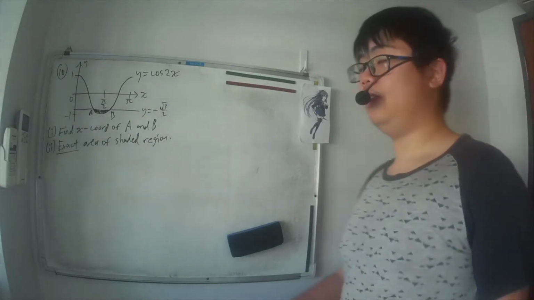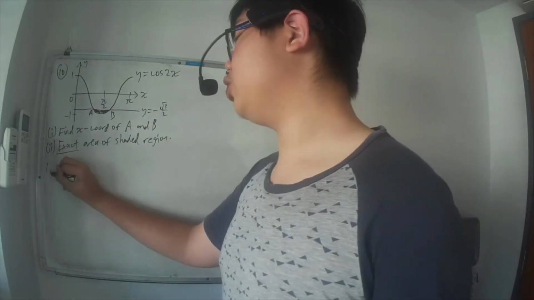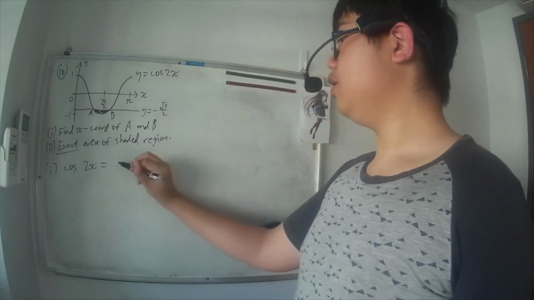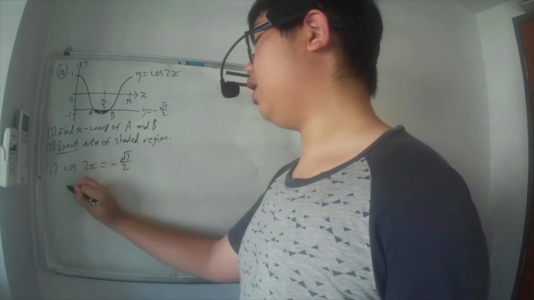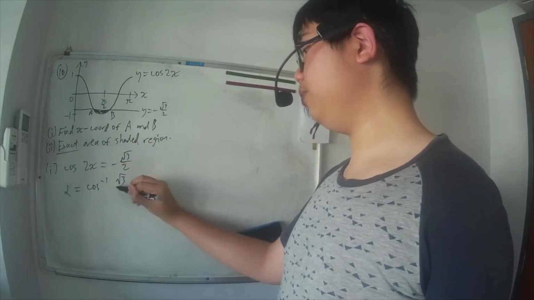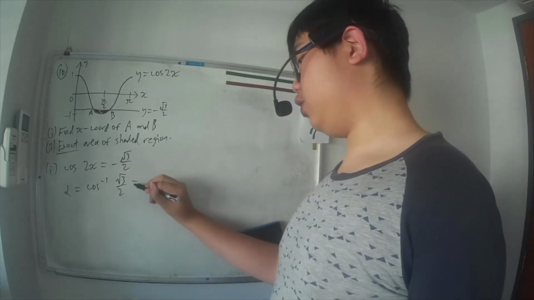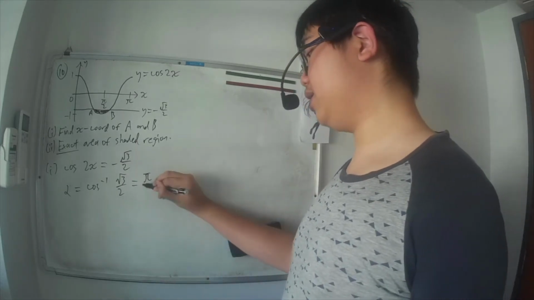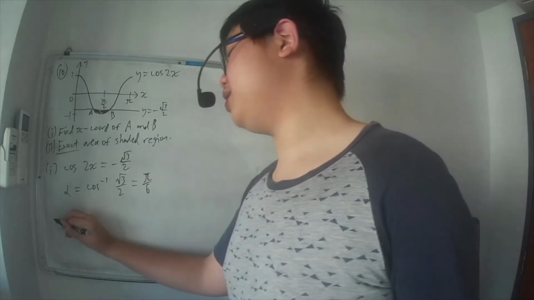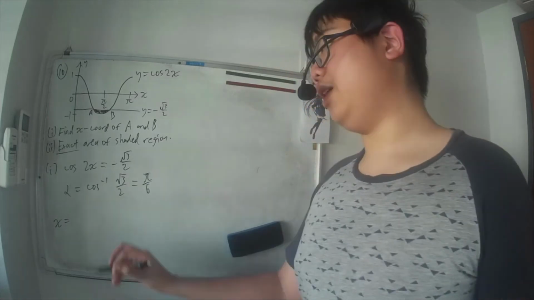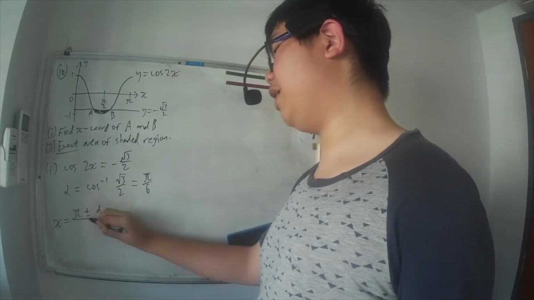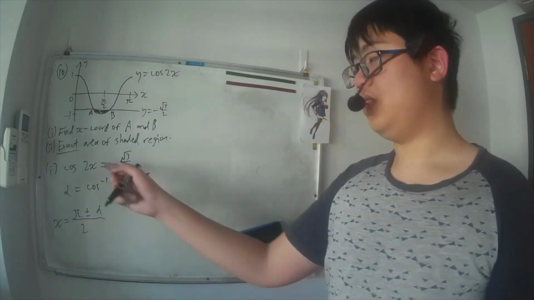So the first part is just solving a trigo equation. Cosine 2x equals negative square root 3 over 2. Our alpha is cosine inverse of square root 3 over 2, which is, of course, a special angle, pi over 6. And because it is negative and cosine, I can set x to be pi, because it's second and third quadrant, plus minus alpha, whole thing divided by 2, because it's 2x.